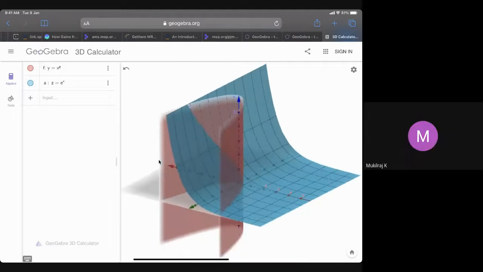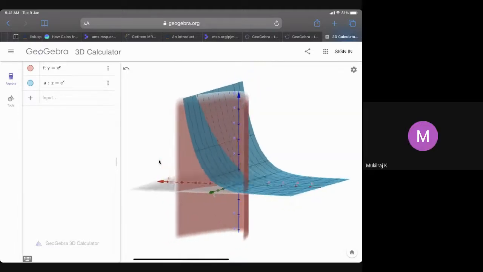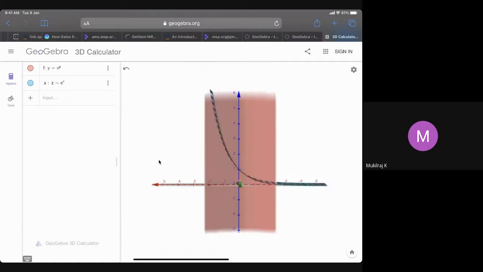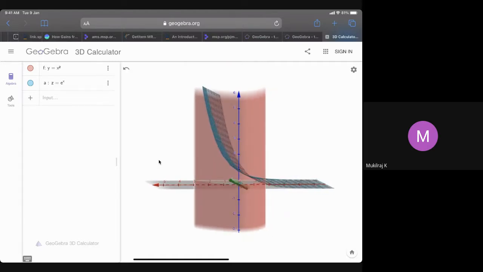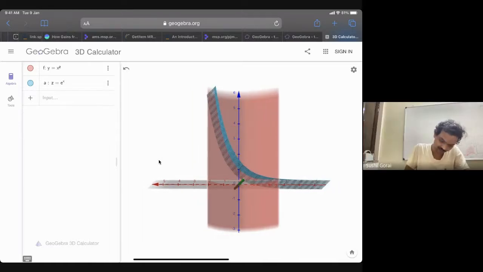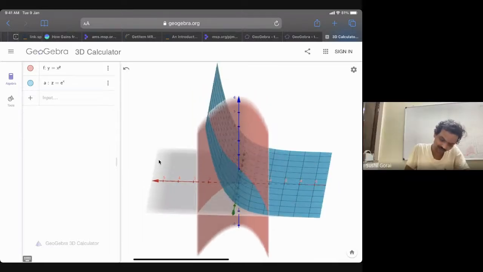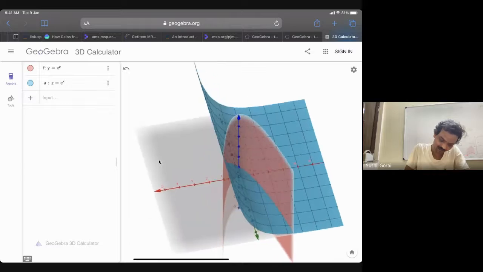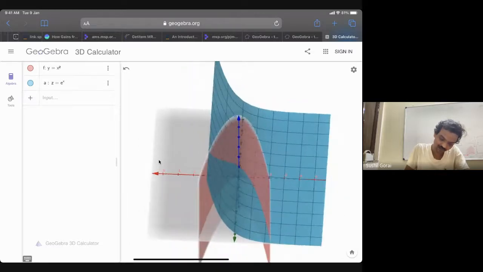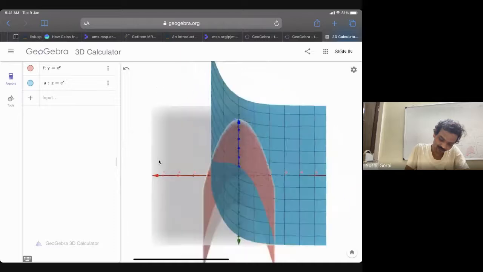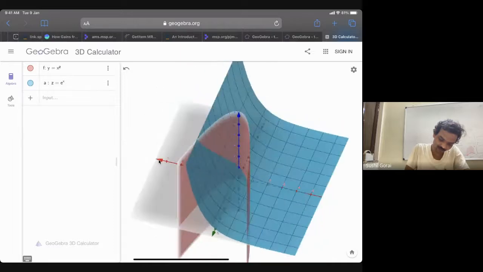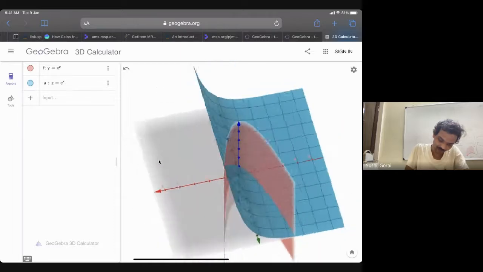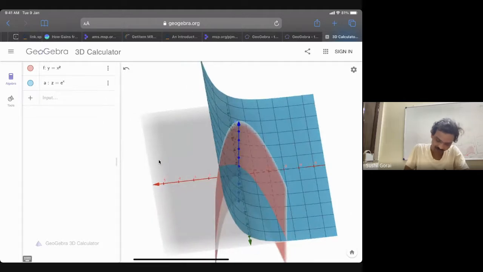Sir, we can take x comma y goes to x square and take the domain as x comma e power x. Yeah, that is true. But what he was saying is bending that plane like a parabola. He's not just bending this one, bending the whole plane like a parabola. So it might work.